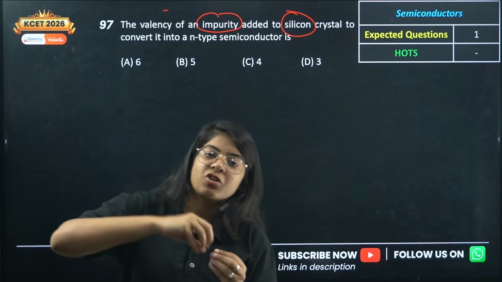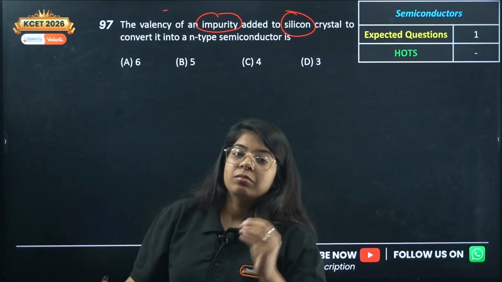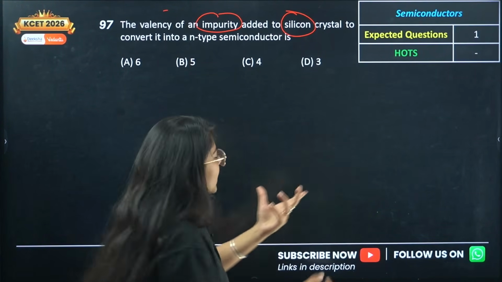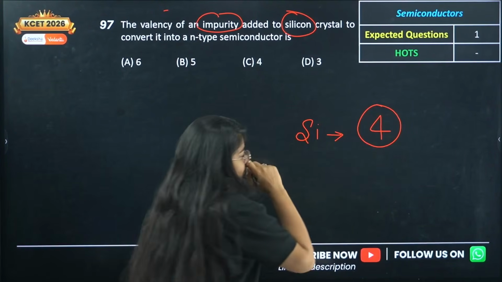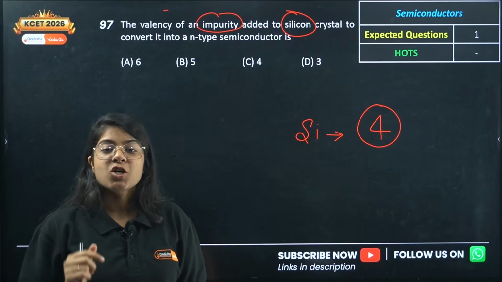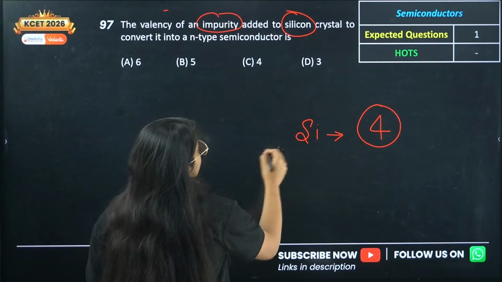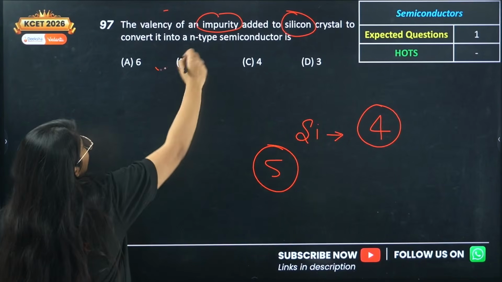We need an extra N particle, that is a negative particle, that in basic sense should have one more electron. Silicon is tetravalent, that means its valency is 4. So the impurity we are adding should have one extra electron. That is, the valency of the impurity should be one more, that is 5.